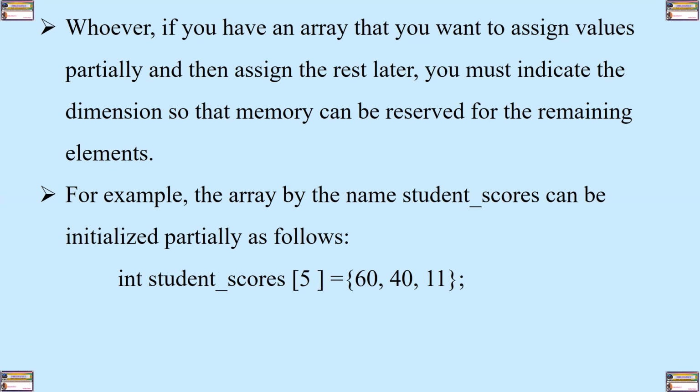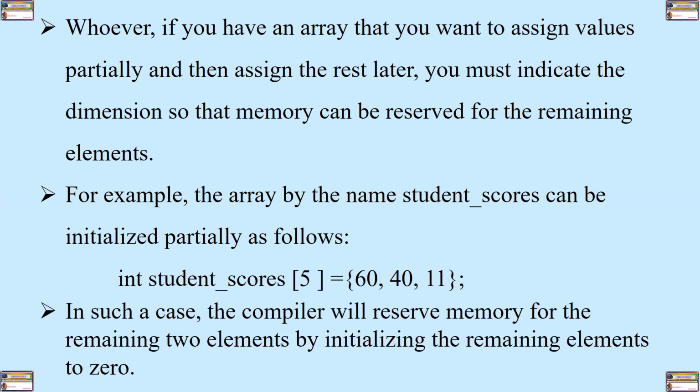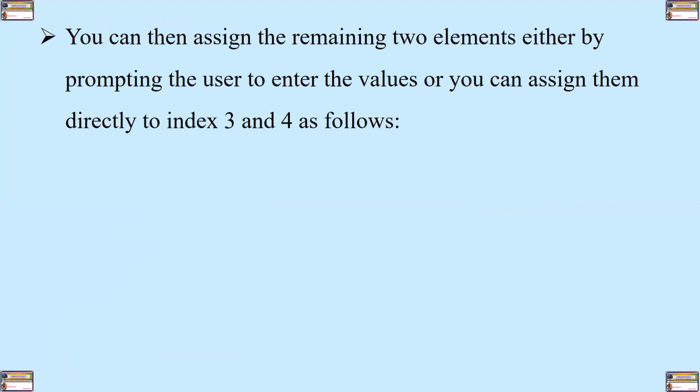So what value will the others get? The others will be assigned 0, waiting for any other value to be stored in them. So in such a case, the compiler will reserve memory for the remaining 2 elements by initializing them with 0. You can then assign the remaining 2 elements either by prompting the user to enter the values, or you can assign them directly to index 3 and index 4, like that.